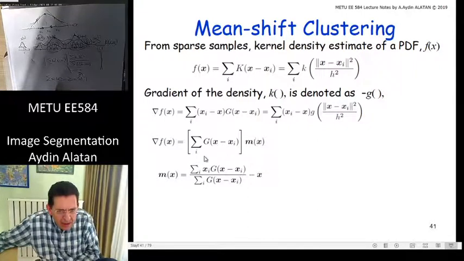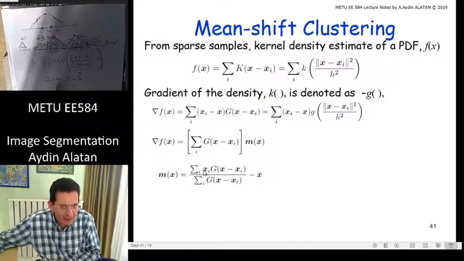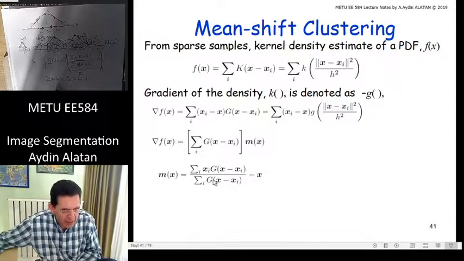Let's look at this carefully. This is nothing but a weighted sum of the samples, and at the end, you are dividing by the sum of the weights. This means such a process is nothing but a weighted average of the samples.